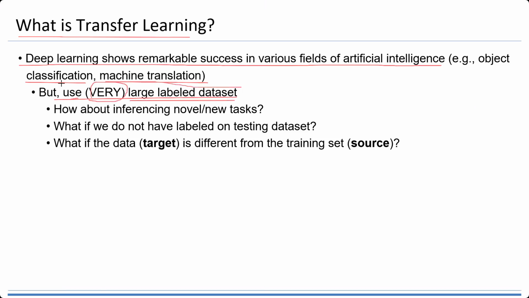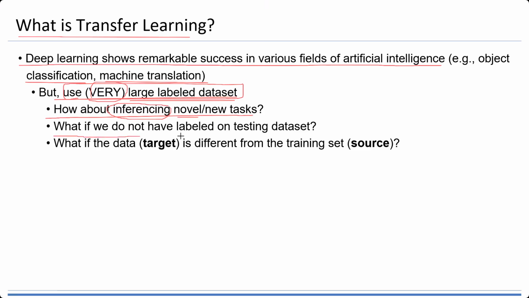When you have a good model with this large labeled dataset, there are some questions. How about inferencing new tasks or novel tasks? Inferencing means how we can check the new task, the novel task, a task that has not been available before.